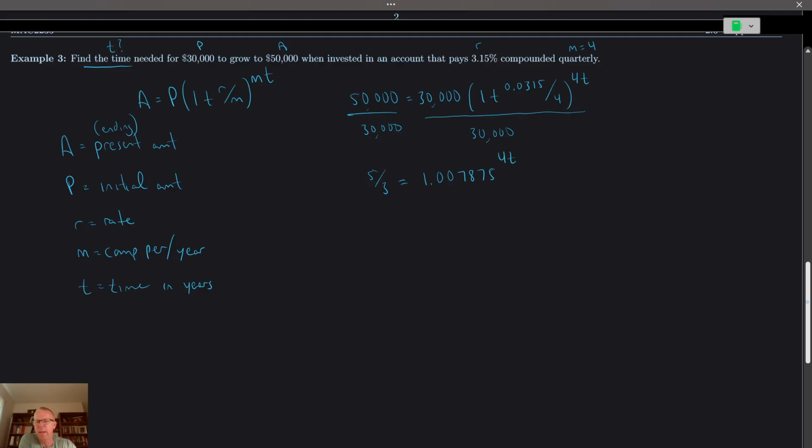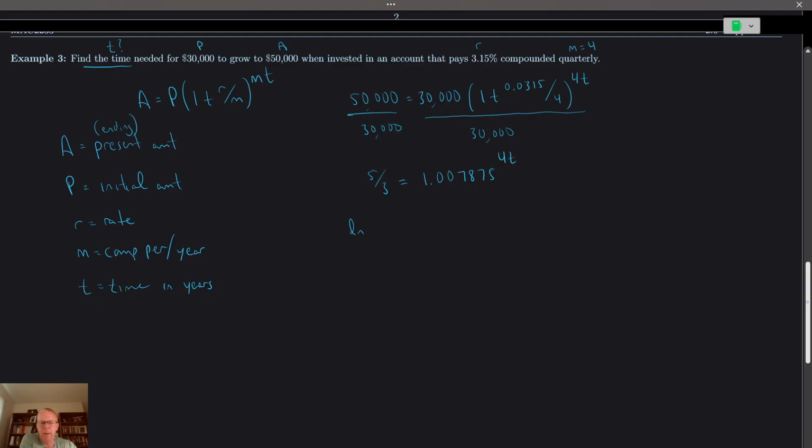Now, this is an exact number. It's not rounded off at all. All right, so now we have a very basic exponential equation, as far as the form. It looks a little bit more complicated. We got this fraction, we have this decimal, but it's just some number equals some number raised to an exponent.